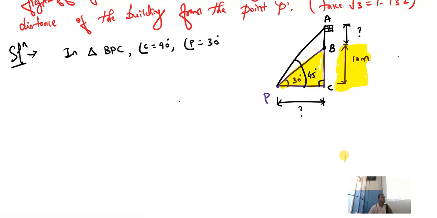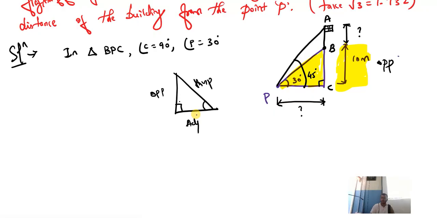Can I find the PC value? In one triangle, if we know one side and the angle, we can find the other side by using a trigonometric ratio. In this right angle triangle, this side is the opposite, this is the hypotenuse and this one is the adjacent.